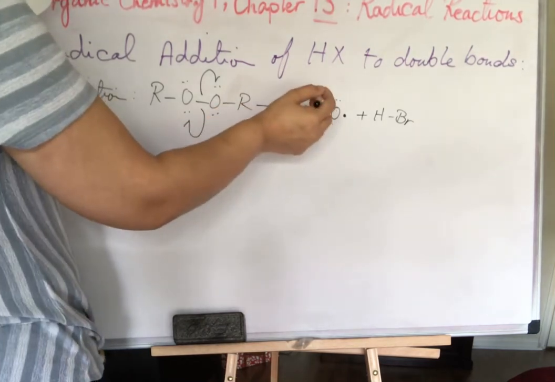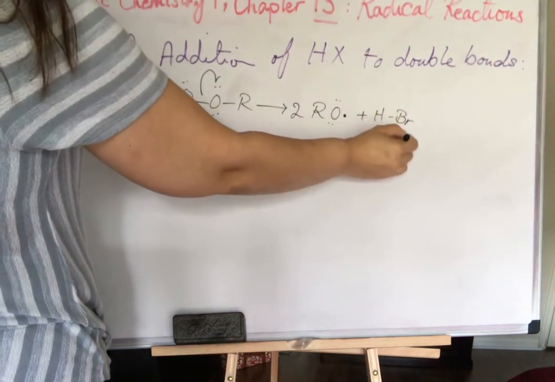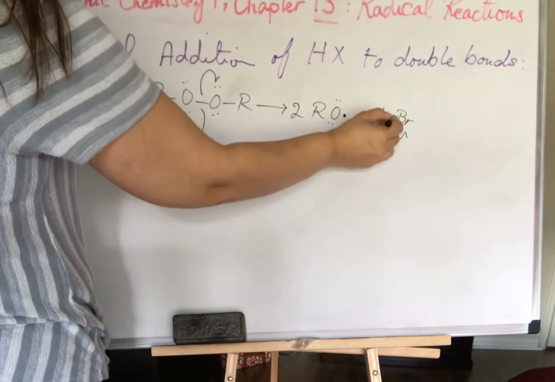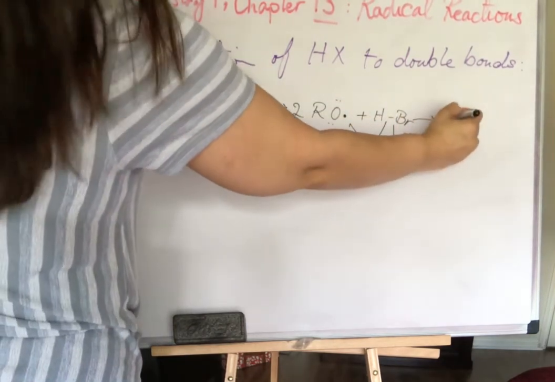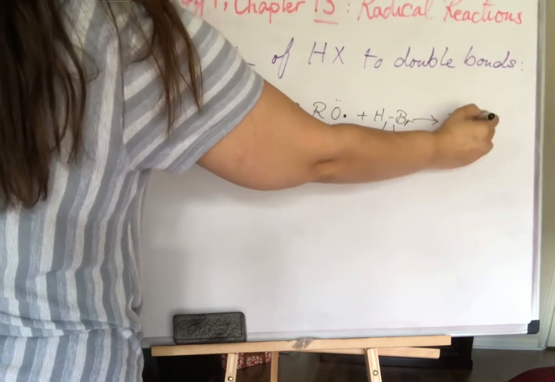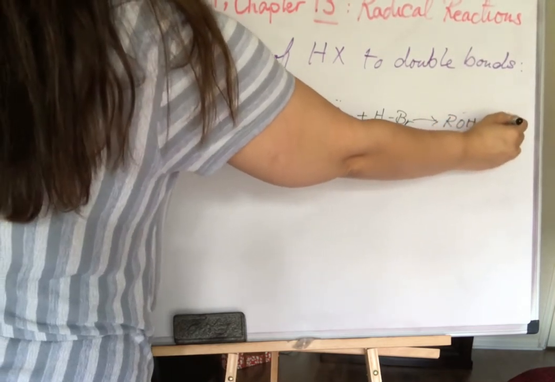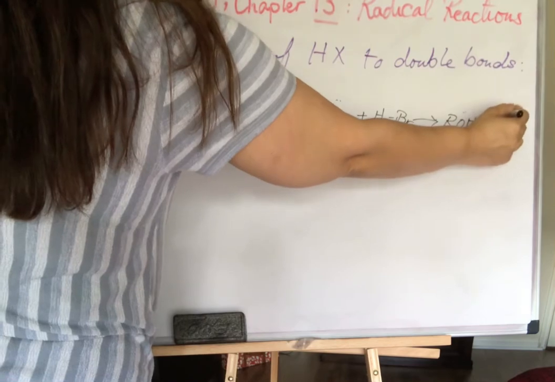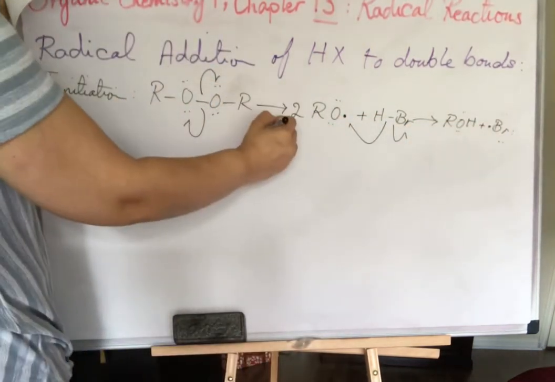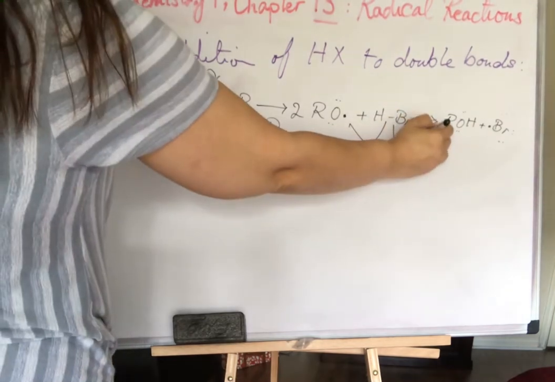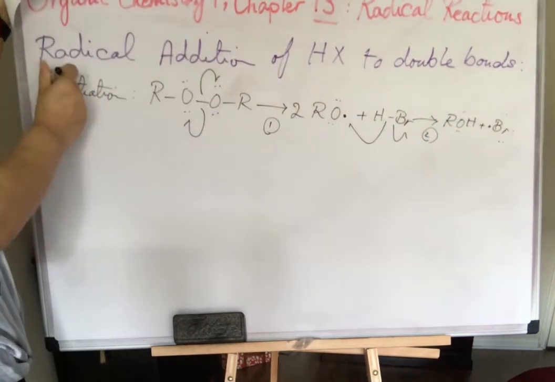So then again, 1 electron is needed, so hydrogen brings it with itself. So you will end up having an alcohol plus bromine radical. Okay, so this initiation step already has 2 sub-steps.